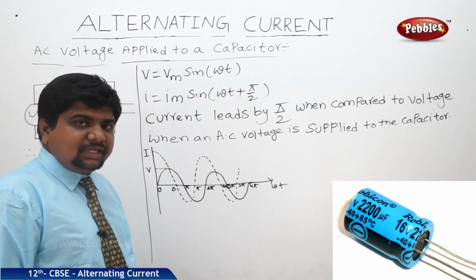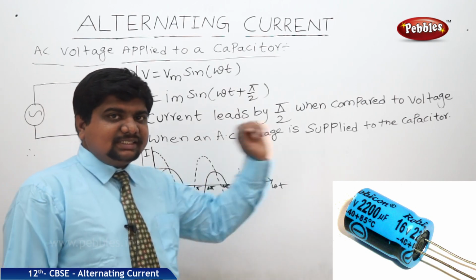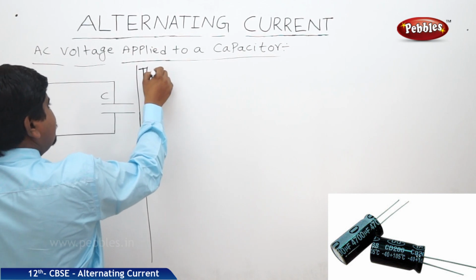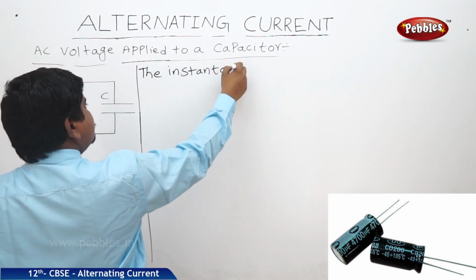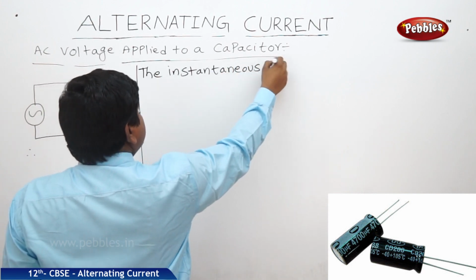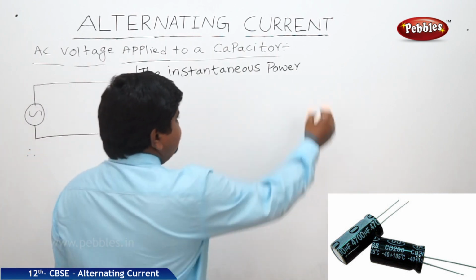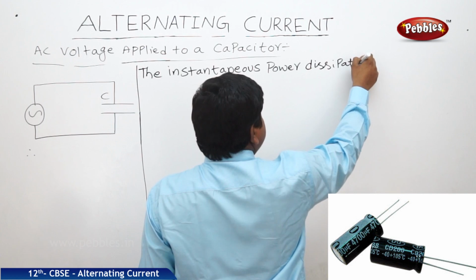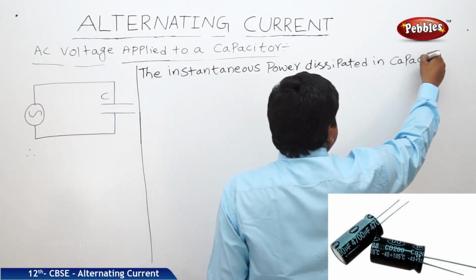Now we should find out the power consumption in the capacitor when an AC voltage is passing through it. Now the instantaneous power dissipated in the capacitor.